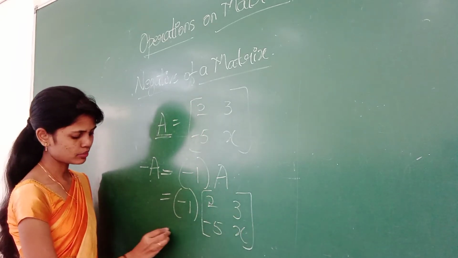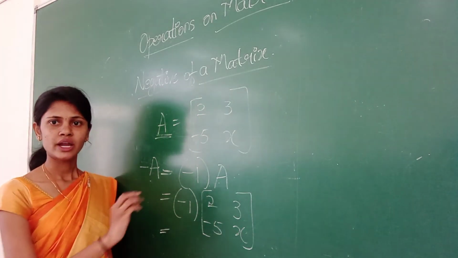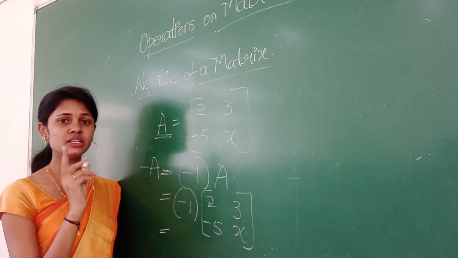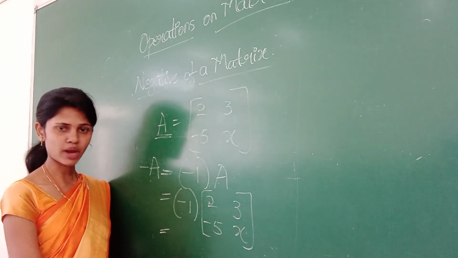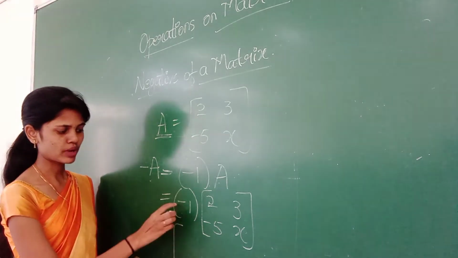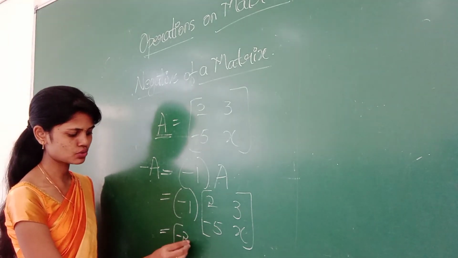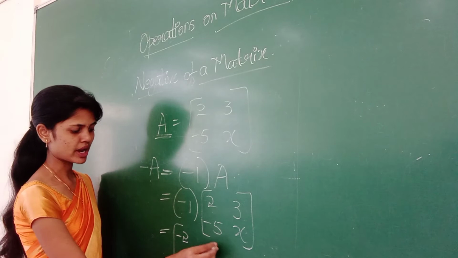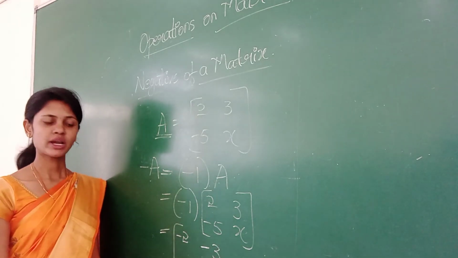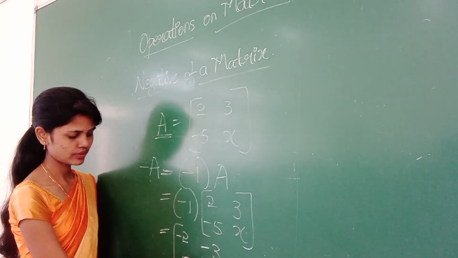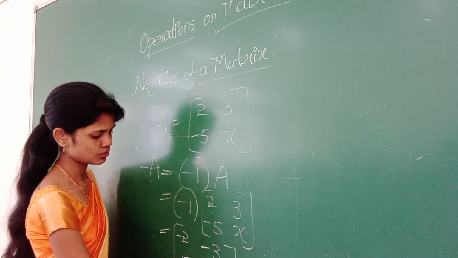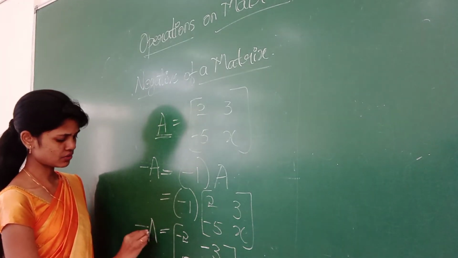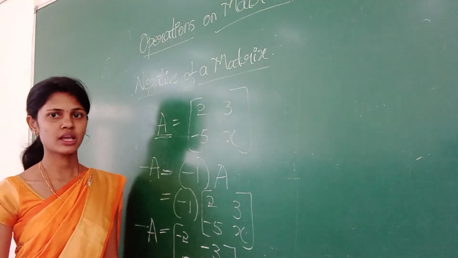So multiply minus 1 inside the matrix, that is each and every element of the matrix is multiplied by minus 1. So what we get? Minus 1 into 2 is minus 2, minus 1 into 3 is minus 3, minus 5 into minus 1 is plus 5 and minus 1 into x is minus x. So this is the negative of the given matrix A, right?